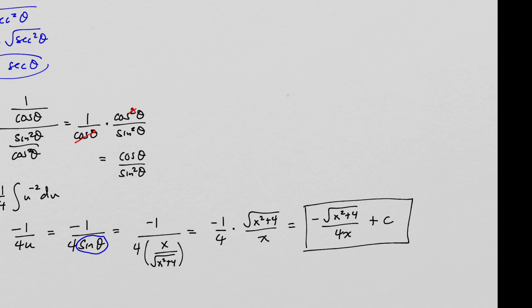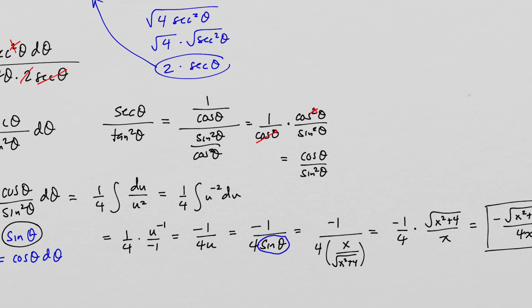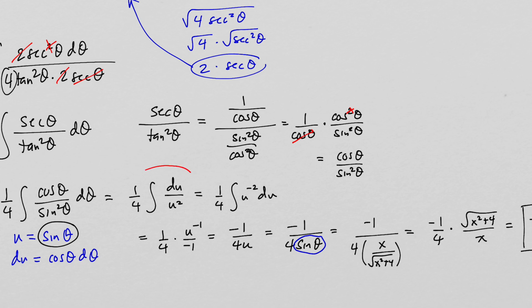So you have to be really patient on these problems. You have to make your substitution, do the integration. Sometimes you'll have an additional substitution to make, like we did here with the u substitution. But you just have to retrace your steps. So once I did the u substitution and I got my answer here, I put back in the u was equal to sine of theta. And then I said, but what is sine of theta equal to?